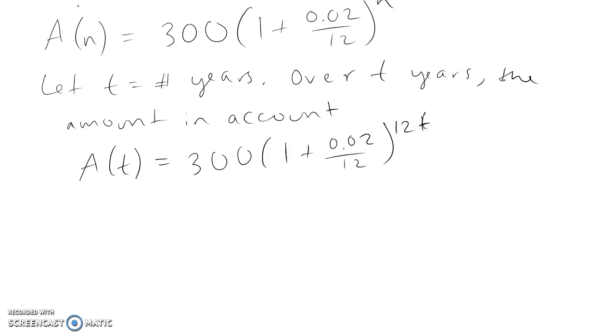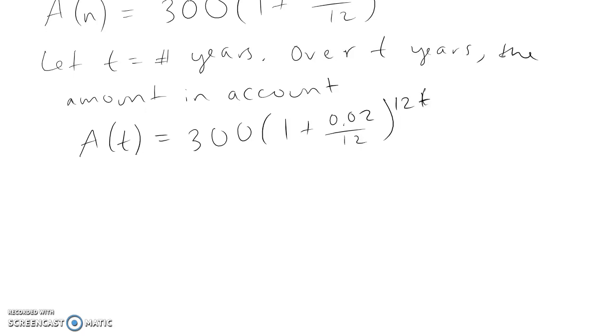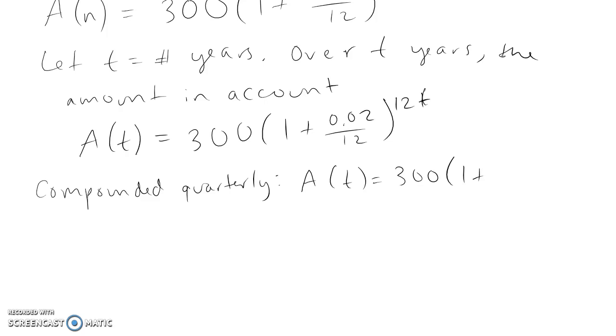All right, but what if the money is compounded quarterly? Well, we would get A of t is equal to 300 times 1 plus 0.02 over 4 to the 4t instead of 12 to the 12t.